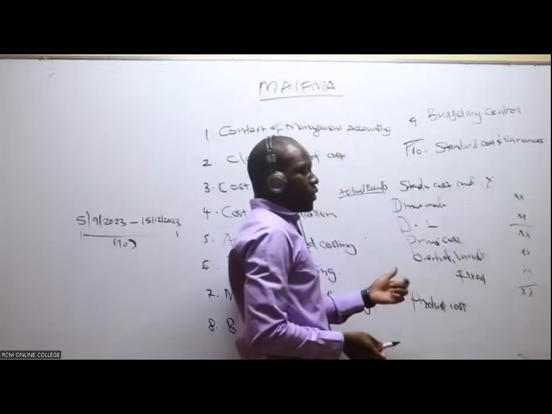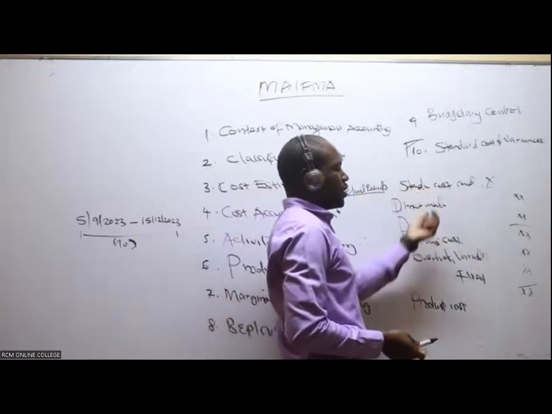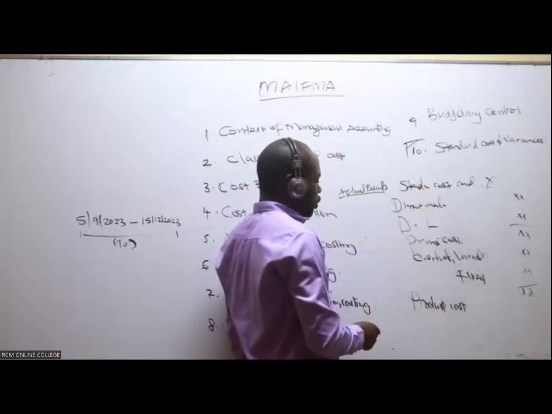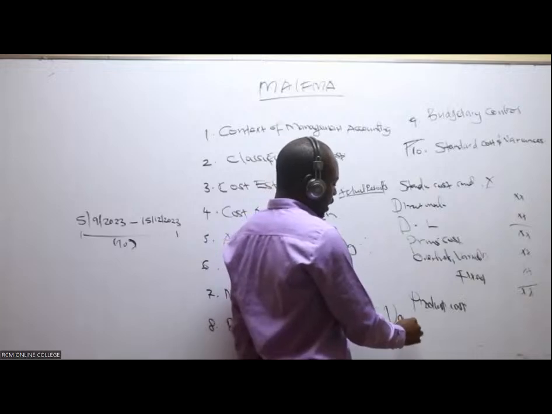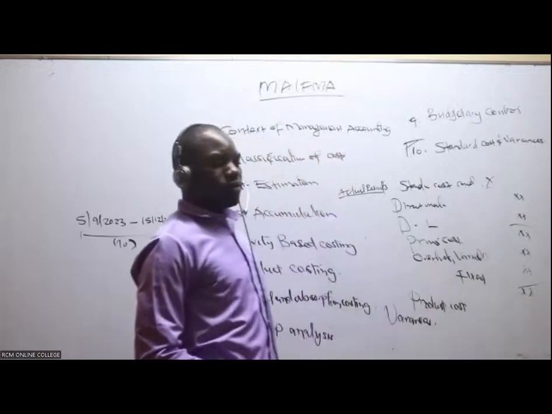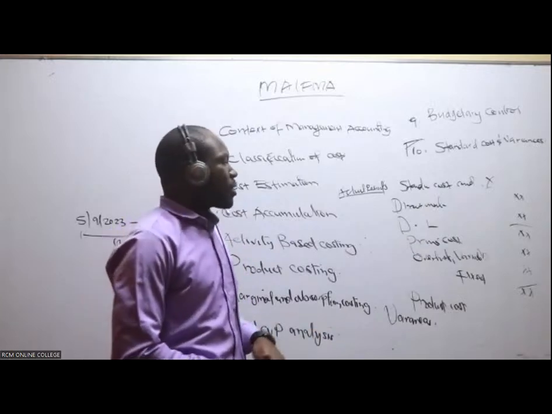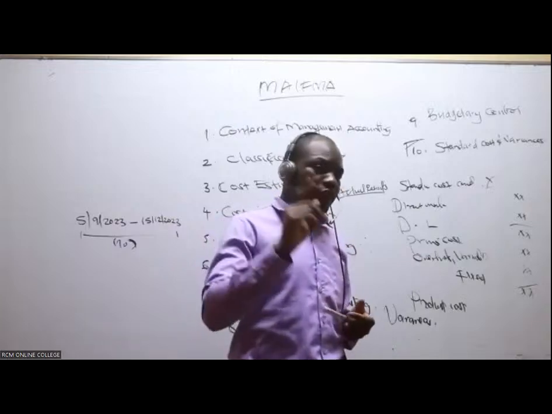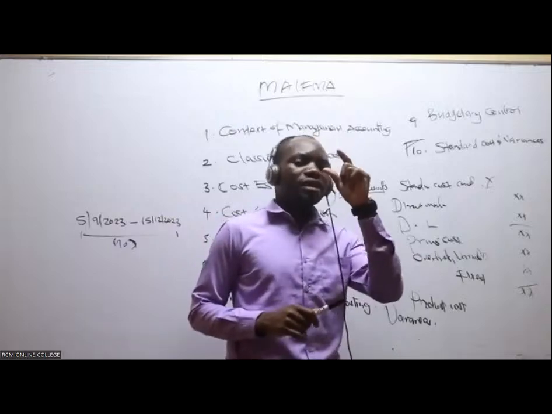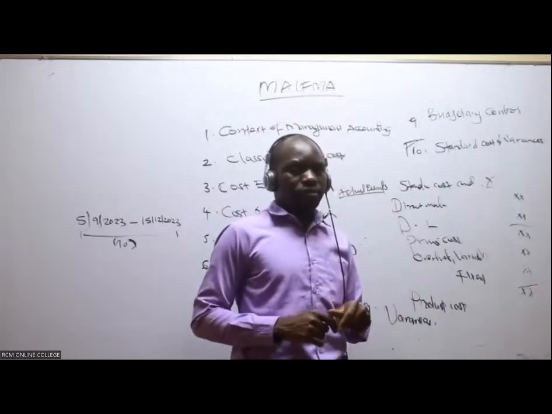It means with the actual results and the standard cost card, we can be able to get what we call variances. And remember, these variances can be adverse or favorable, whereby adverse is negative, favorable is positive.